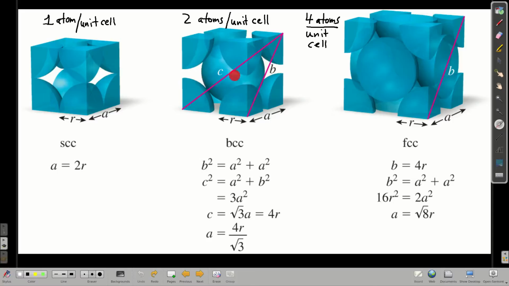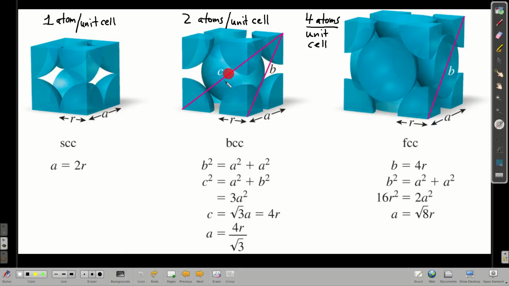Now this other triangle we're going to make, C, goes from the bottom left corner through the middle to the back top right corner, front to back. That distance would be one R here, plus 2 R's going through that one atom, plus another R. There's 4 R's there. If we set up a triangle with C, the same B, and an A, this is a right triangle also.